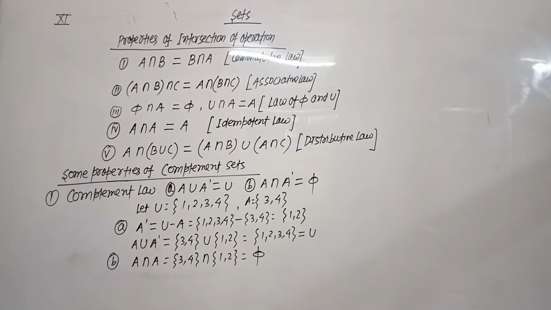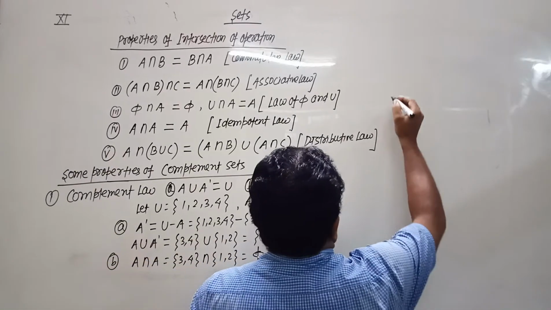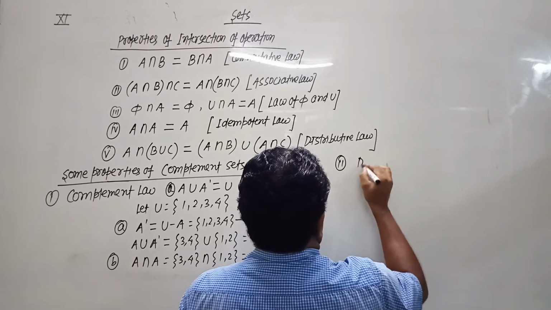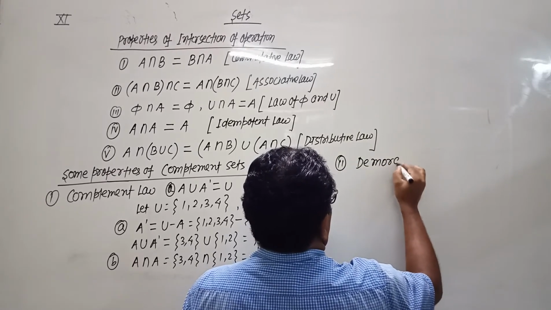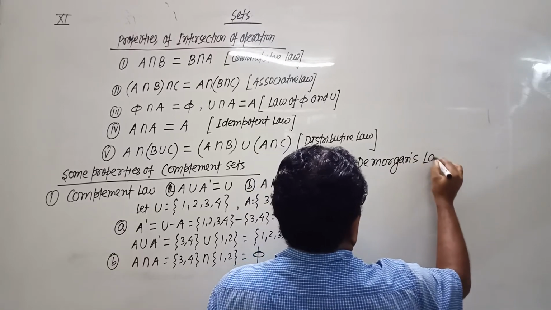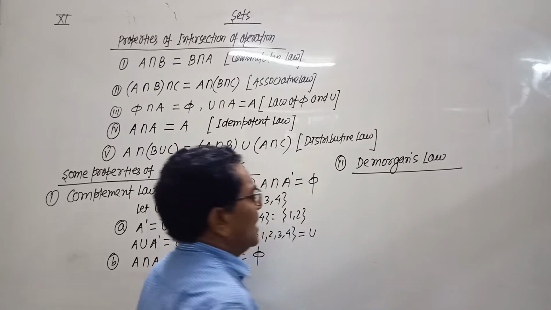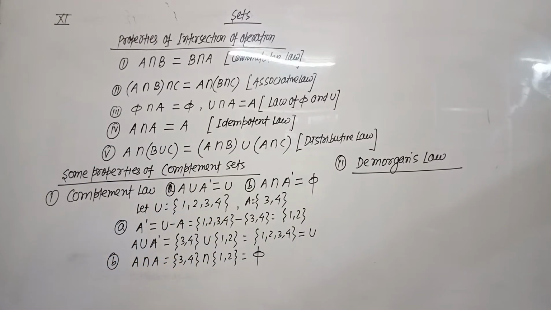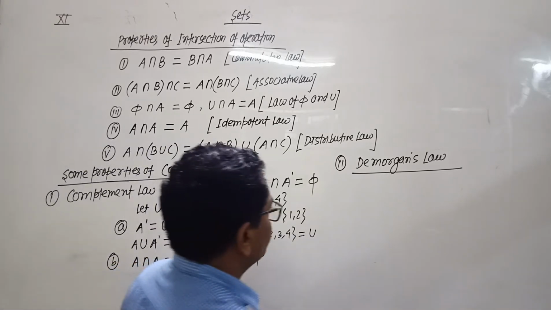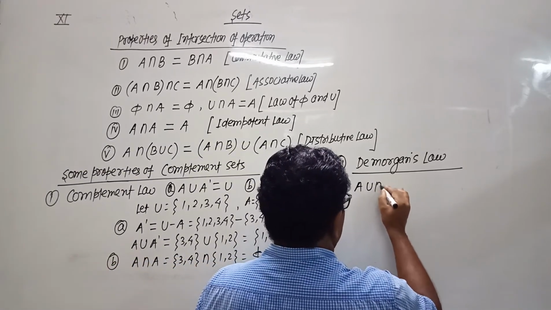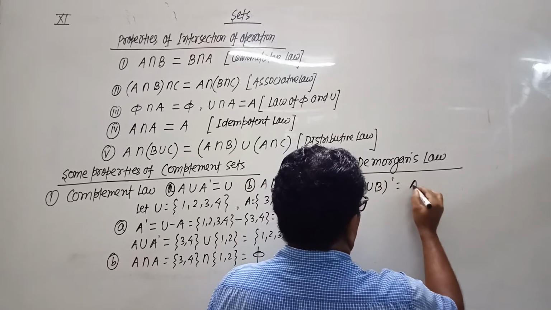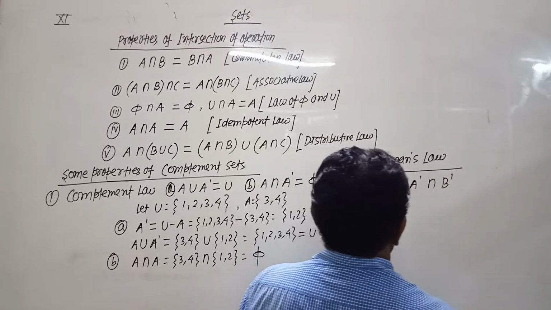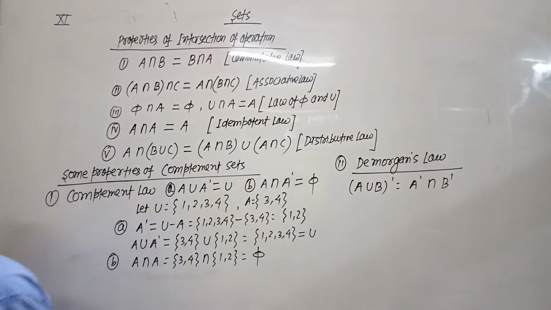Next rule is called De Morgan's law. De Morgan's law gives (A union B) dash equals A dash intersection B dash.